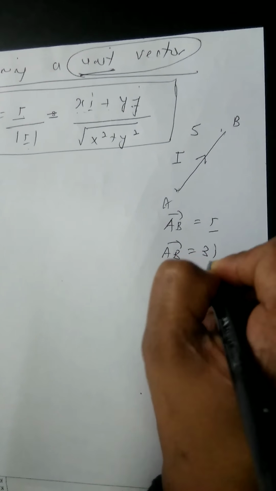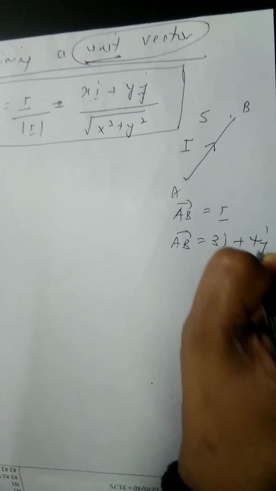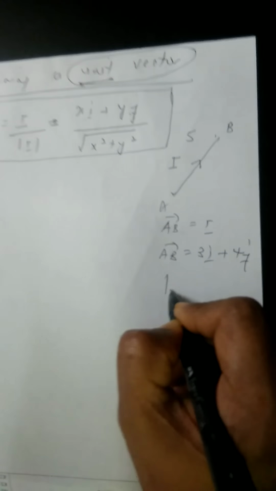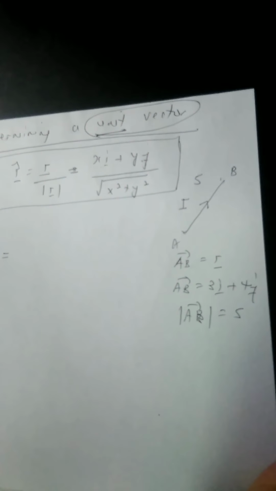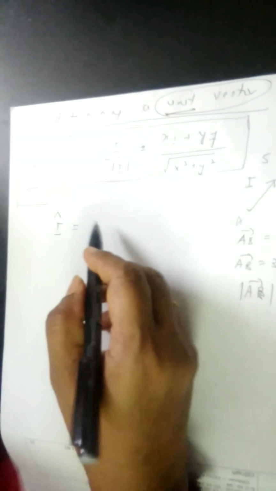Just now we got AB was 3i plus 4j previously, and the magnitude of AB, as we found earlier, is 5.